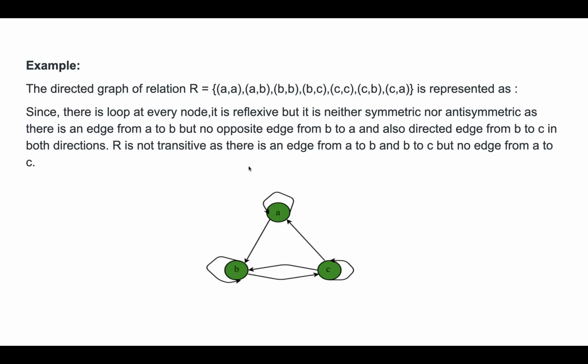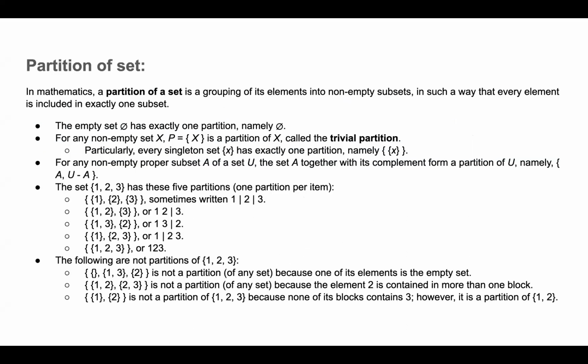So R is not transitive here. This is the example of a directed graph. Have you all got the matrices and directed graphs?